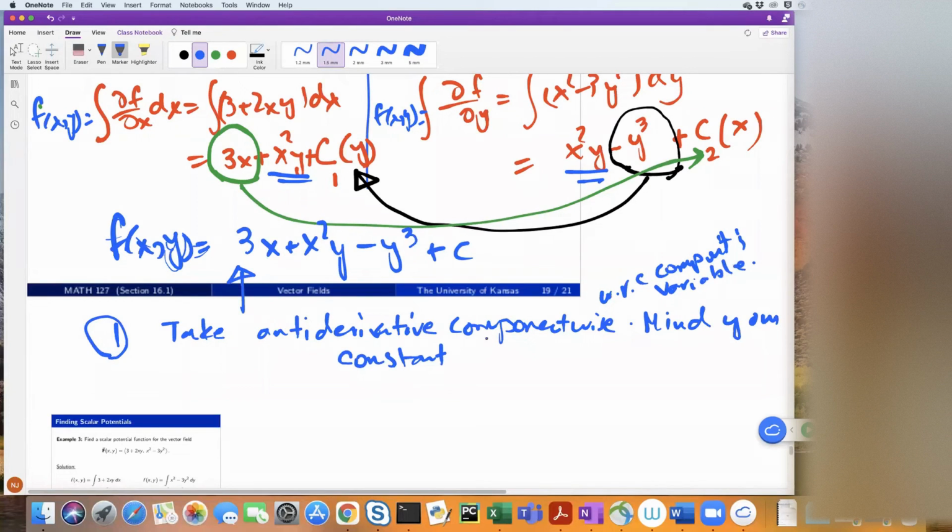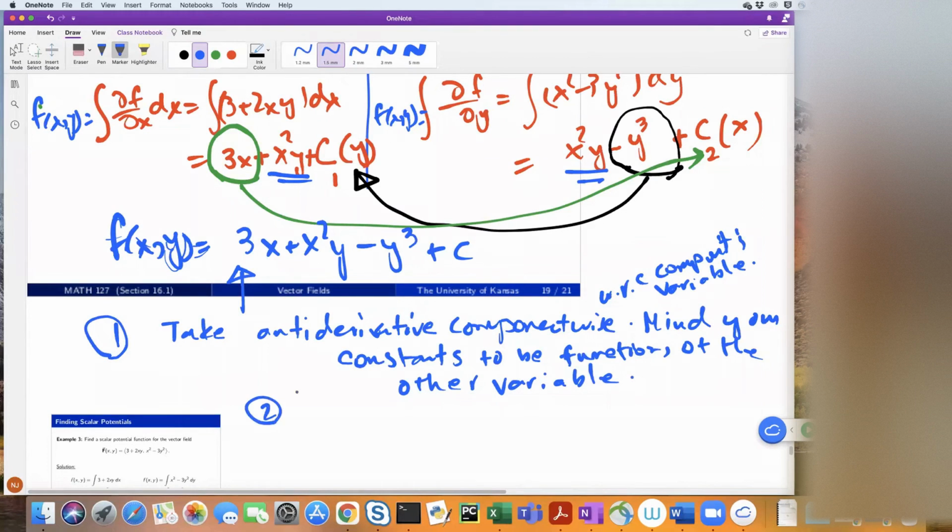That's the first component with respect to x, the second component with respect to y, and mind your constants to be functions of the other variables. I started clean and I messed up. And then two, compare and find the scalar potential.